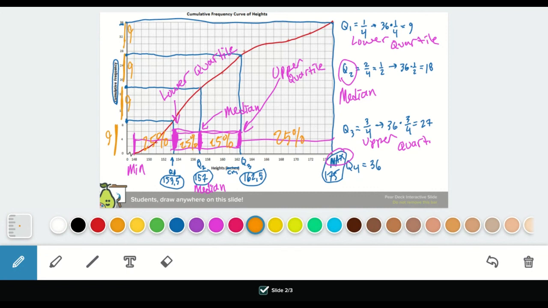We know this is true because 9 would represent 25% of our data, since we have a total of 36. Each of these is divided into 4 equal parts, so each part has that much data in it. 9, 9, 9, 9. That's 4.